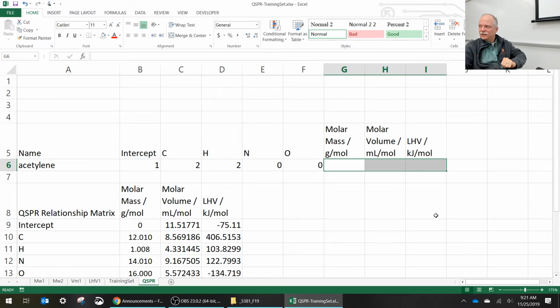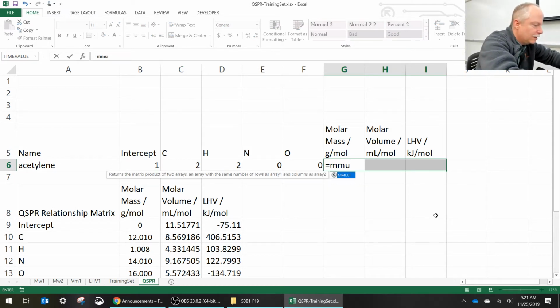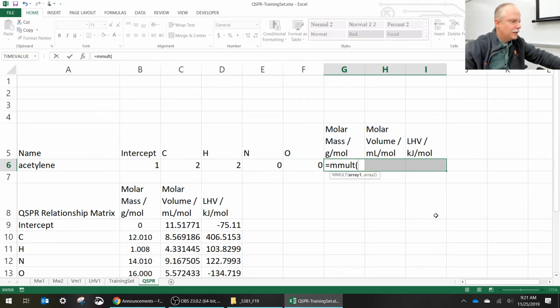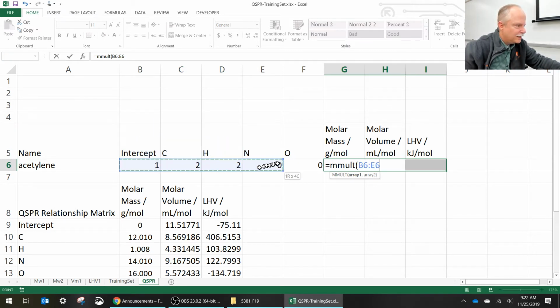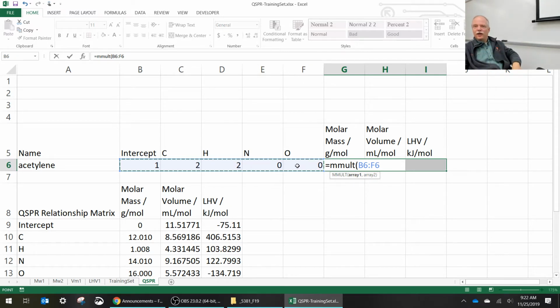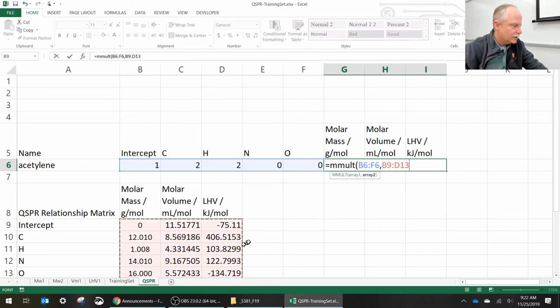Does everybody have that? You select all 3 of these cells, then you type in mmult, open parenthesis, and then we select all 5 of these cells, because that's our structure, and we're going to matrix multiply it against the property matrix, the relationship matrix. And then we come down here and get all 15 of those cells.